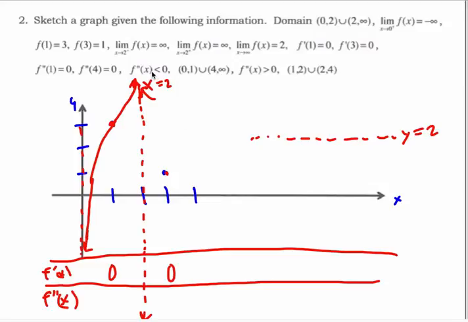Oh, okay, here's more information about the second derivative. So it's negative here, so it's concave down between 0 and 1, and between 4 and infinity it's concave down, and in the other two intervals it's concave up. Okay, so that tells us, I think, all we need to know.